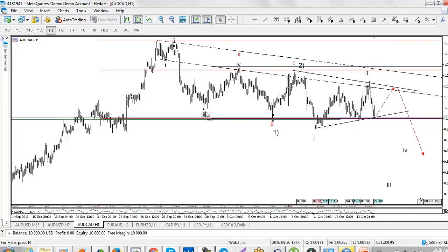So we have wave 1, wave 2, wave 3, and then wave 4 resisted by this channel boundary here. Then we saw the fifth wave coming in. And what do we have here? We have what looks like what may later be a triangle pattern, A, B, C, and then D. Let me put D. So this is D.